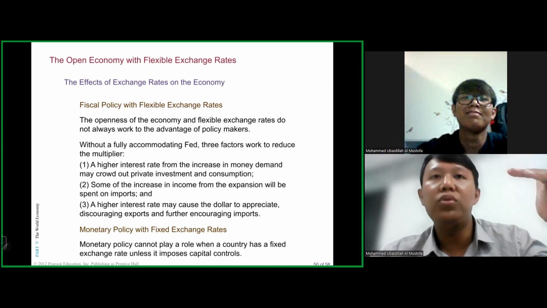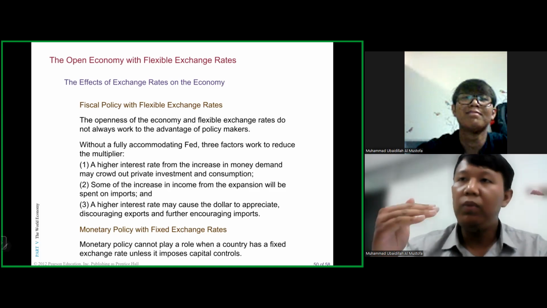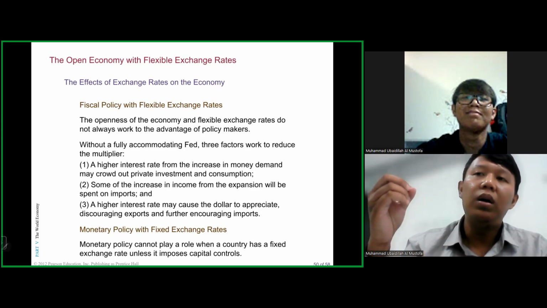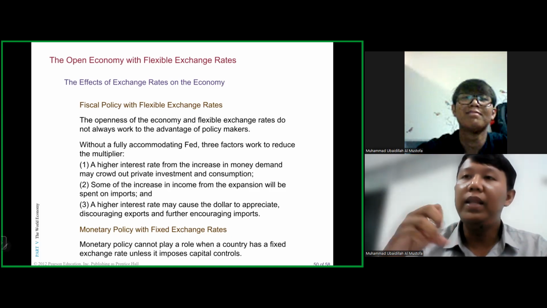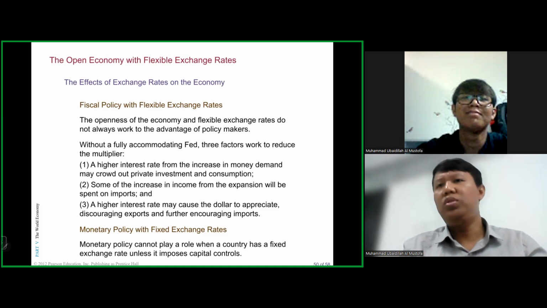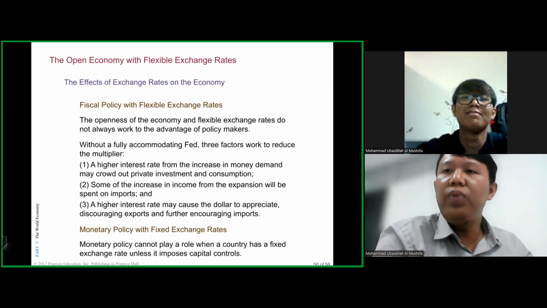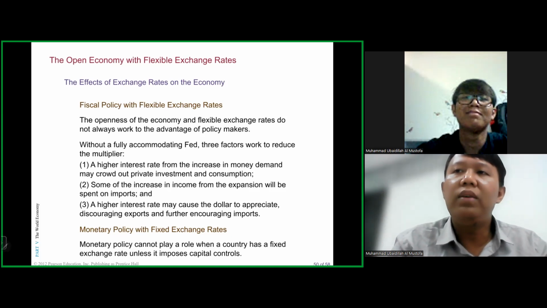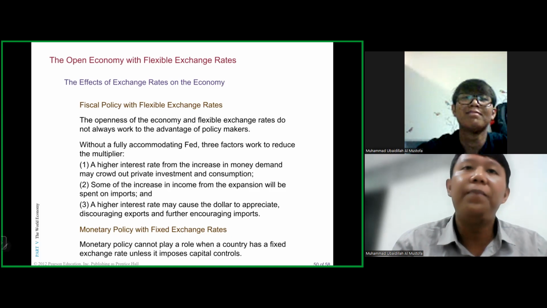Once we have a high interest rate, our investment will reduce, our consumption will reduce. Nobody will want to invest because they need to borrow the capital at higher interest rate. And usually when we have a higher interest rate, nobody will consume because they just put the money in the bank to receive a higher return of interest rate.